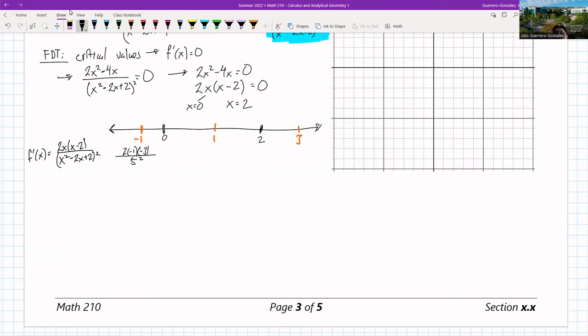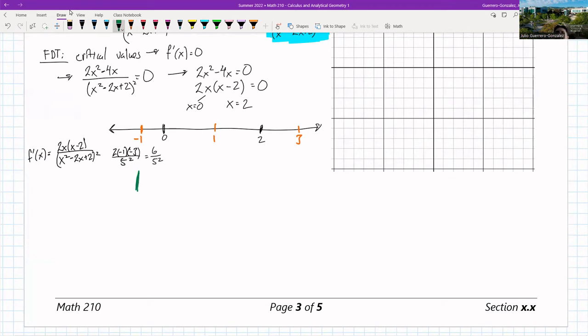So it's negative 6 times negative 3, positive 6. So 6 over 5 squared.